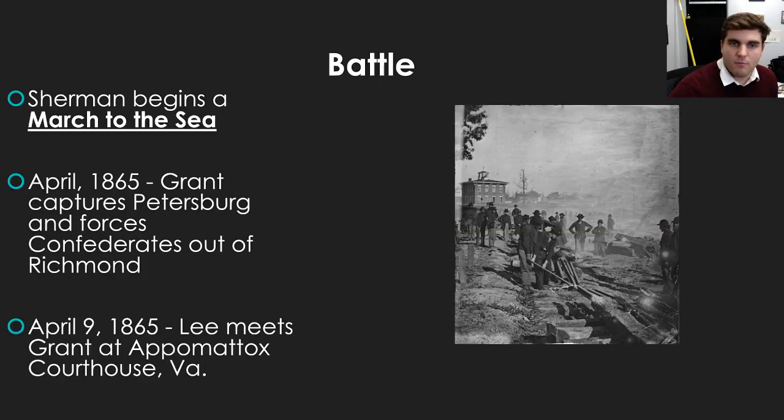The march to the sea allows basically the complete cutting off of the Confederate States' ability to supply Richmond and its troops. And in 1865, Grant captures Petersburg and forces the Confederates out of Richmond. So forcing them out of Richmond essentially cuts off the head of the Confederate States.